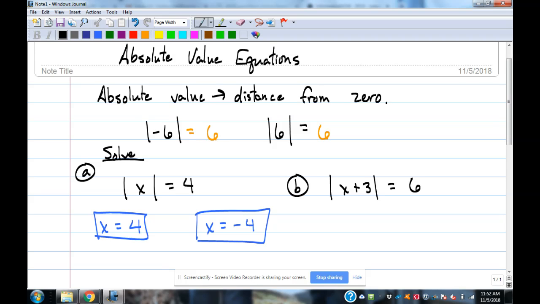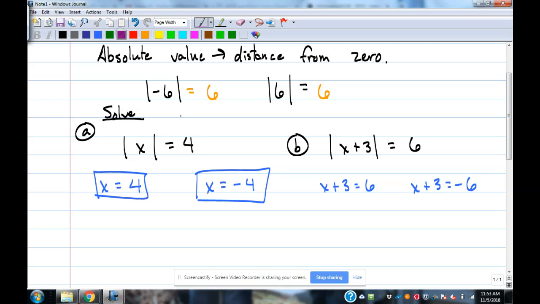X plus 3 could be at positive 6, but it also could be where? At negative 6. So we have to set up 2 equations. X plus 3 equals positive 6, and x plus 3 equals negative 6. Then x is not by itself, so I've got to do the work of solving it and getting x by itself. So I subtract 3 on both sides.